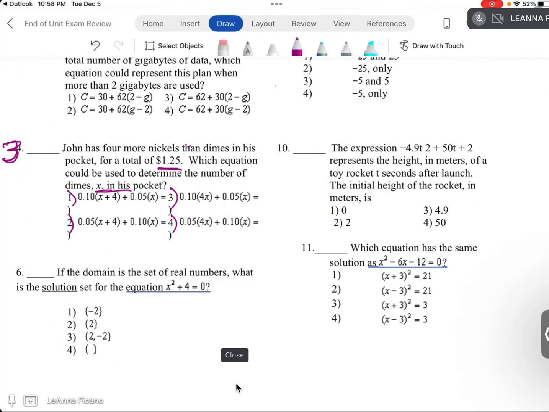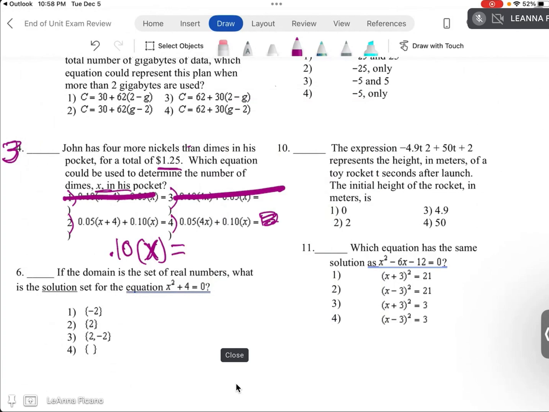So our dimes are X. I know that dimes are going to go with X, so I should have 10 cents with X. If I see 5 cents with X, it's got to be wrong. I'm not sure if the $1.25 got cut off, but it's not asking you to solve for X, so you don't really need it to find the equation.